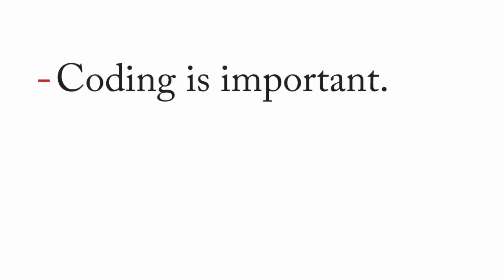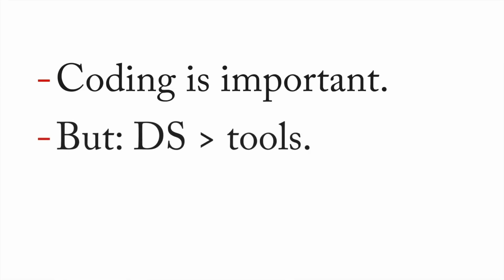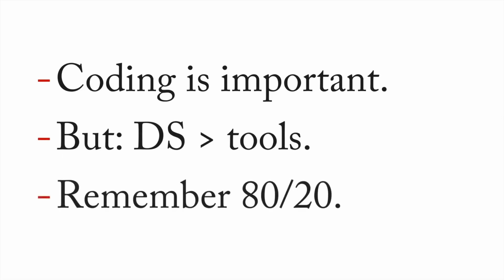Number one, coding, or simply the ability to manipulate data with programs and computers. Coding is important, but data science is much greater than the collection of tools that's used in it. And then finally, as you're trying to decide what tools to use and what you need to learn, remember the 80-20 rule. You're going to get a lot of bang from a small set of tools. So focus on the things that are going to be most useful for you in conducting your own data science projects.